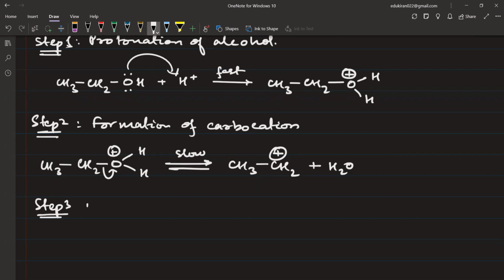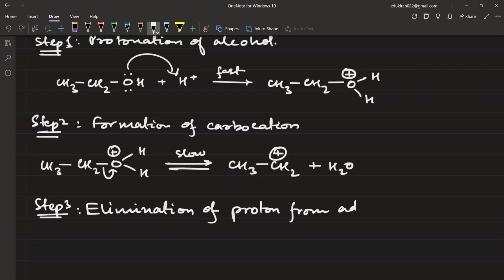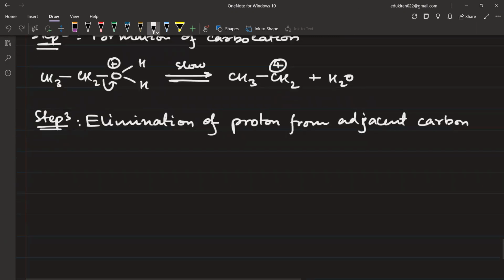Step 3 is elimination of proton, or deprotonation, from the adjacent carbon. We have this adjacent carbon which has 3 hydrogens. At least one hydrogen should be present in the adjacent carbon.